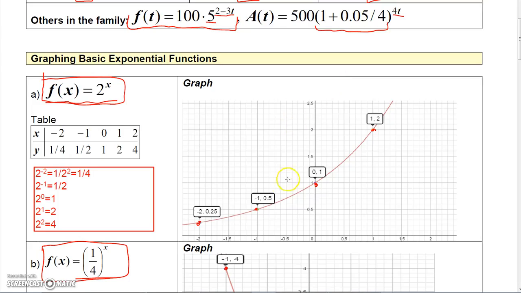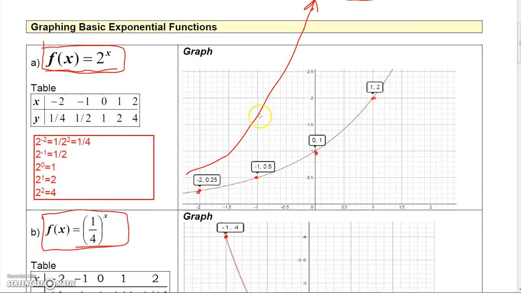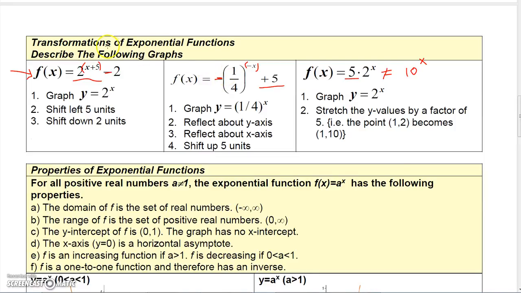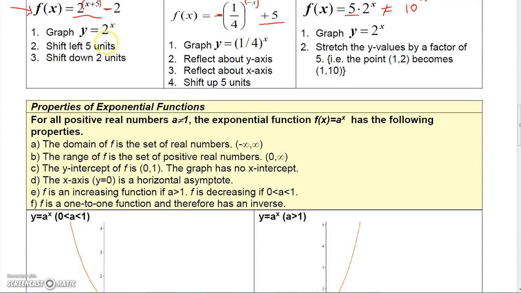So if you take the base function 2 to the x, this point, which is 0, 1, would be way up here, which is 0, 5. And so it really would stretch it like that by a factor of 5. And that's how you can graph these functions using the algebra rules for graphing.